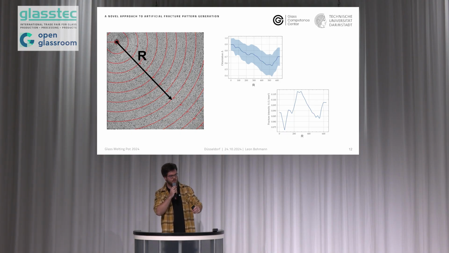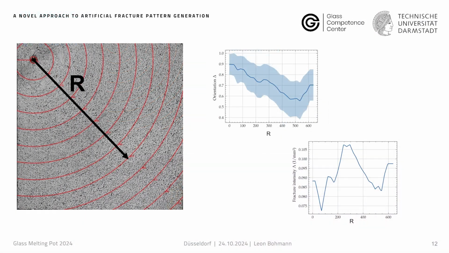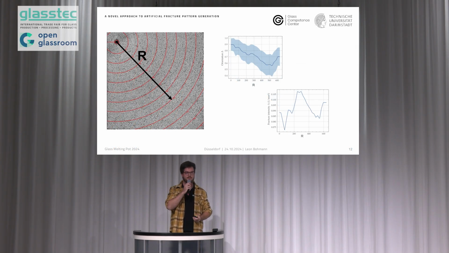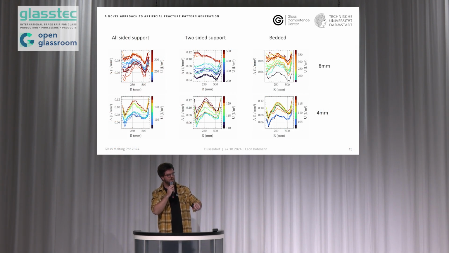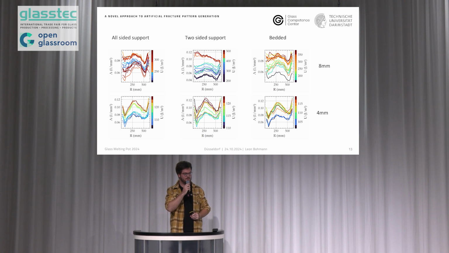The right side now shows graphs that tell us how the orientation and the fracture intensity develop with increasing distance to the impact. We did that for now 130 specimen experiments, and we placed the results with regard to the distance to the impact position on these graphs.